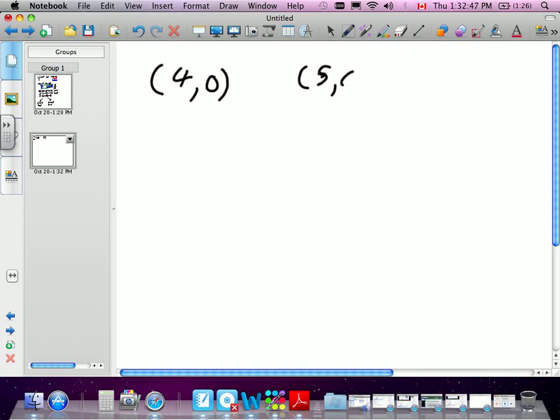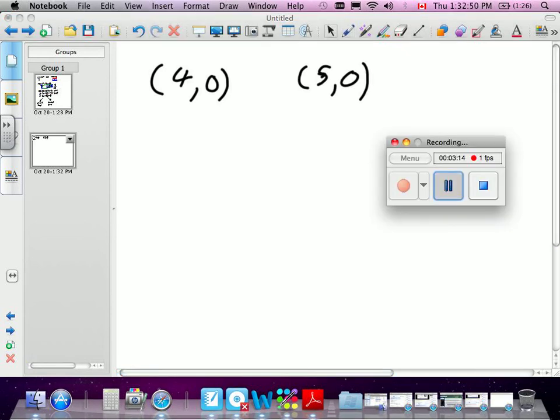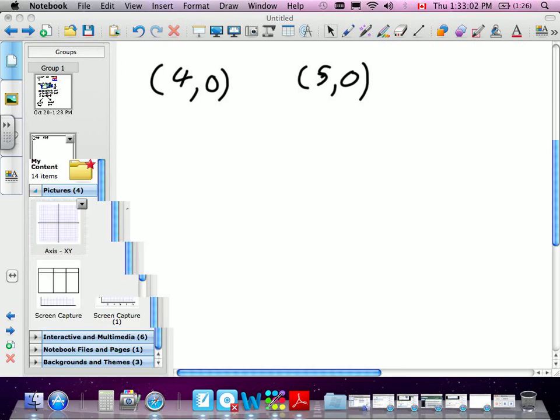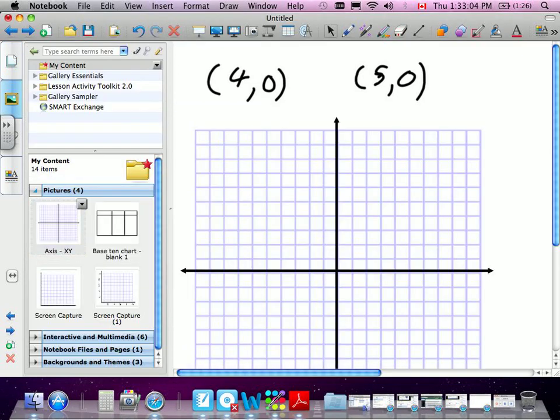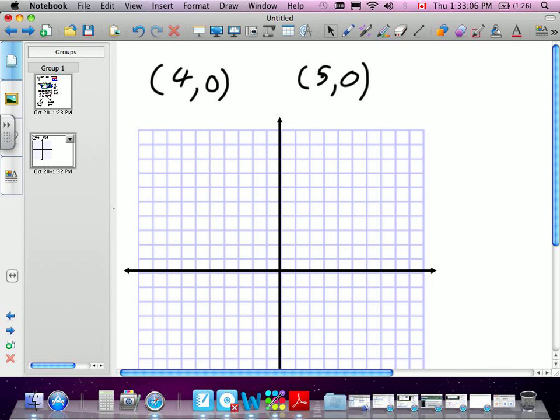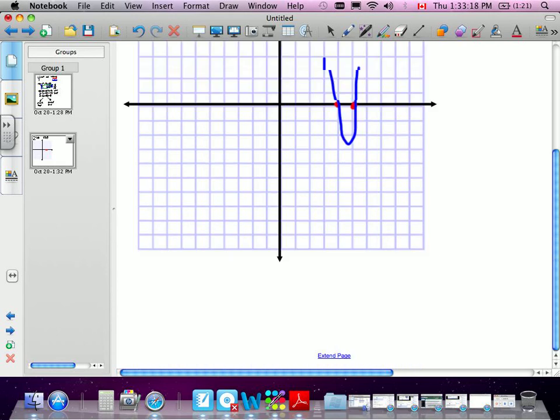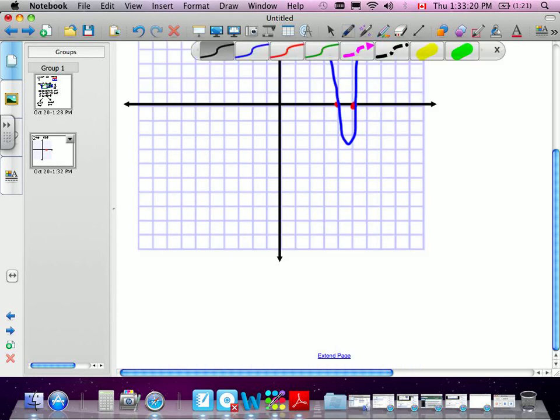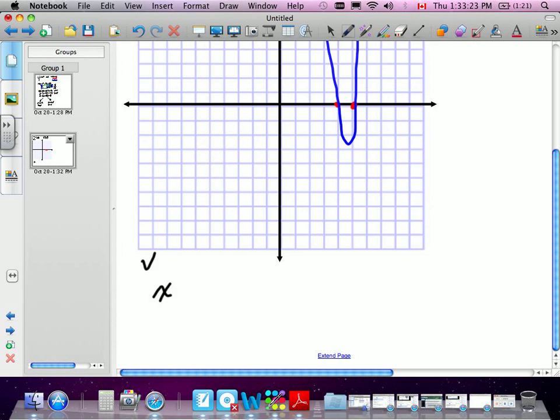We put our graph up. We plot our 2 points. One's at 4. One is at 5. I have my 2 X intercepts, but I still need to find the vertex. The X value of the vertex is R plus S divided by 2.